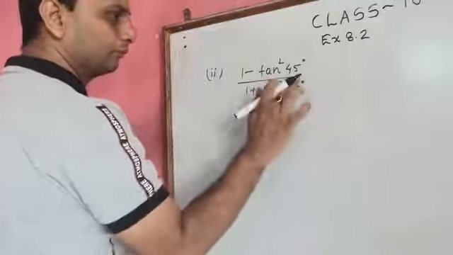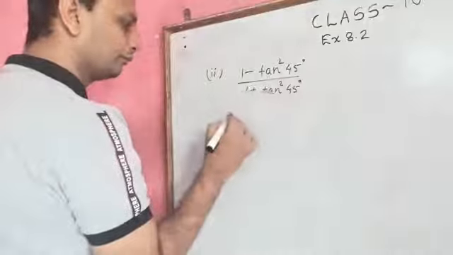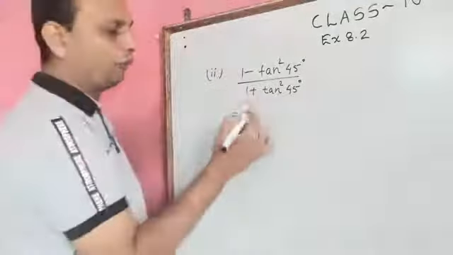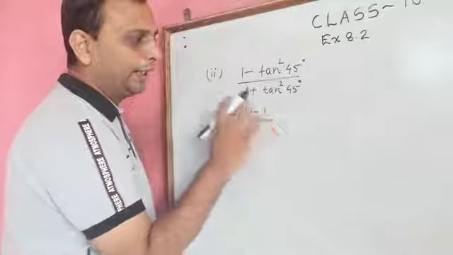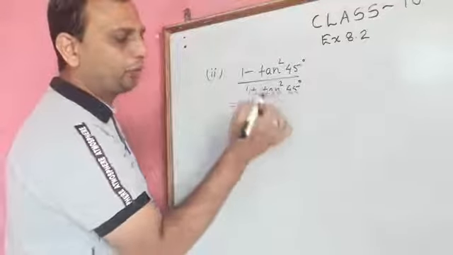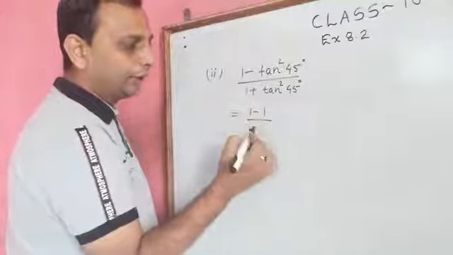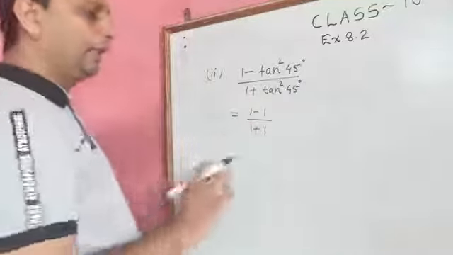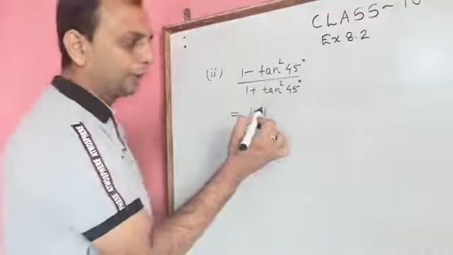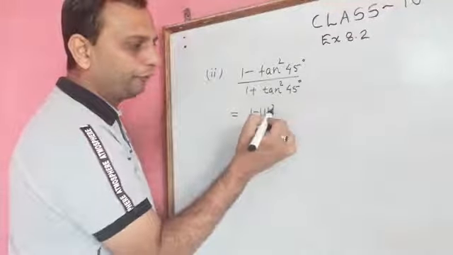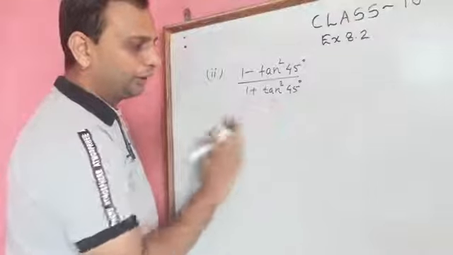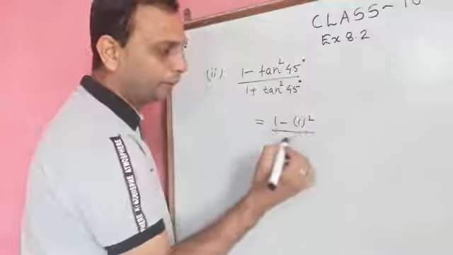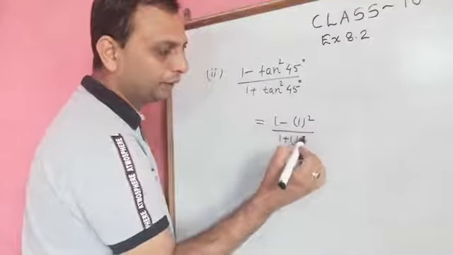Tan 45 is 1 only, and the square of 1 will be 1 only. So 1 minus 1 square upon 1 plus 1 square, because we have the square here.